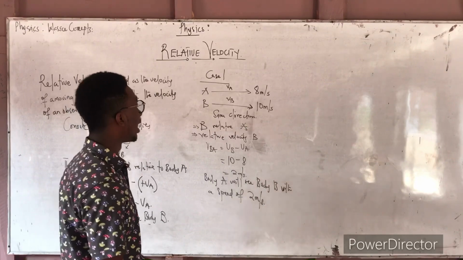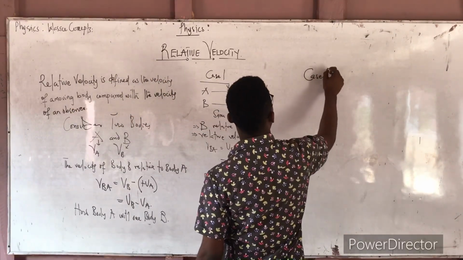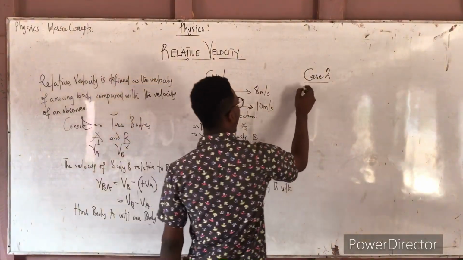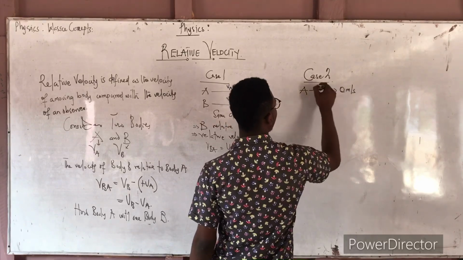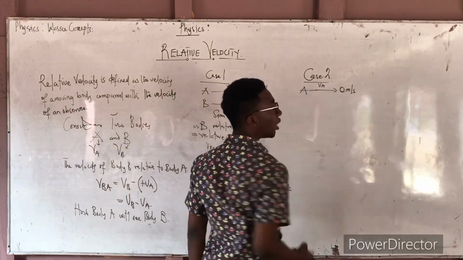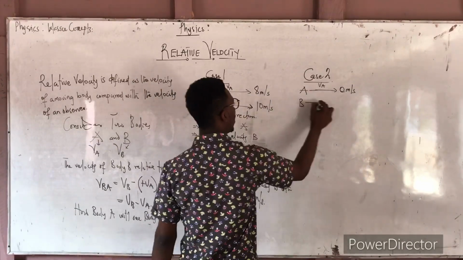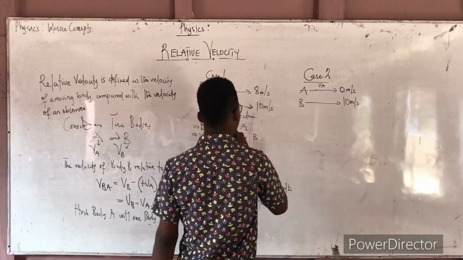Now, case 2 is when you have body A stationary, so the velocity is 0, and body B moving with a velocity of 10 meters per second.